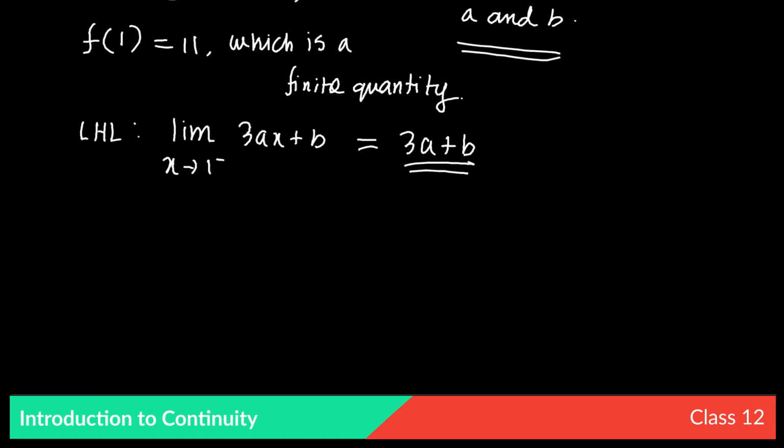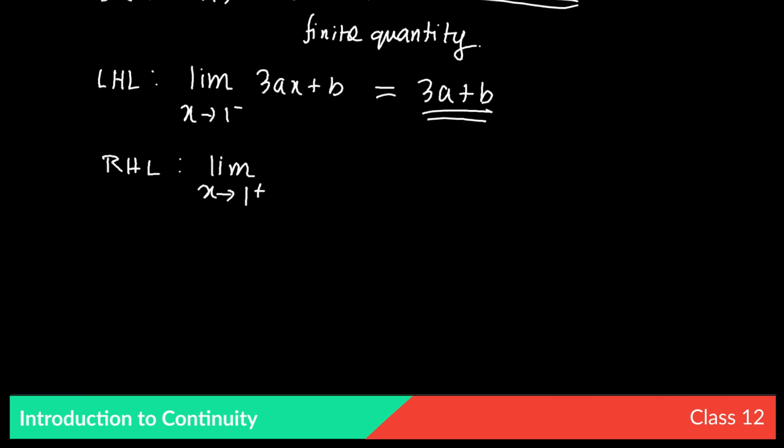Okay, next we will find RHL. It will be the limit as x extends to 1 plus. Limit extends to 1 plus means what? It is under RHL of x at x equals 1. That means those values of x which are from 1 to 1 plus h, where h is an infinitesimally small positive quantity.